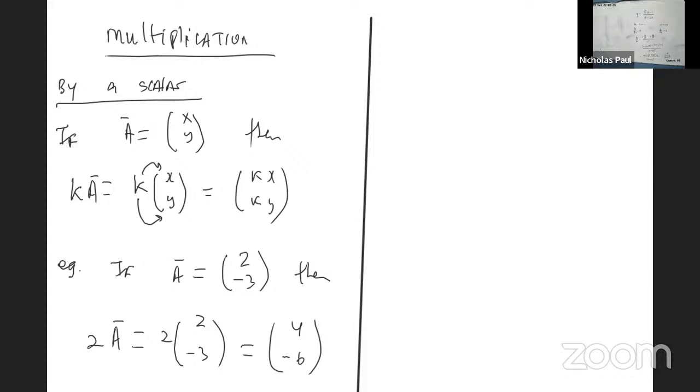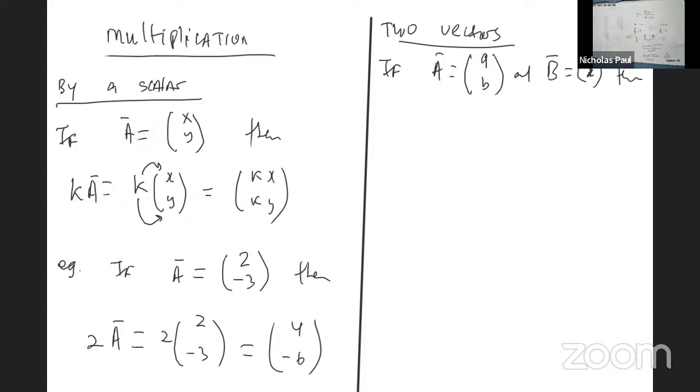Right, next one, multiplication of two vectors. So this is slightly different, right? If I give you A as (a, b), and I gave you the vector B as (c, d), then if I ask you to find A times B, you're writing the vector.